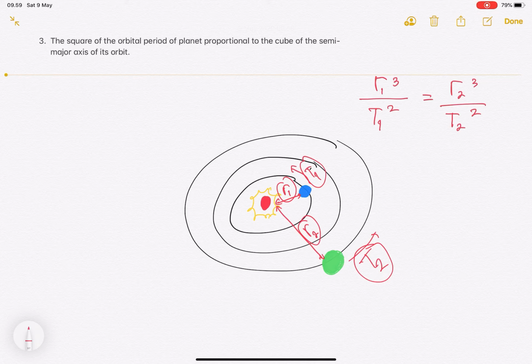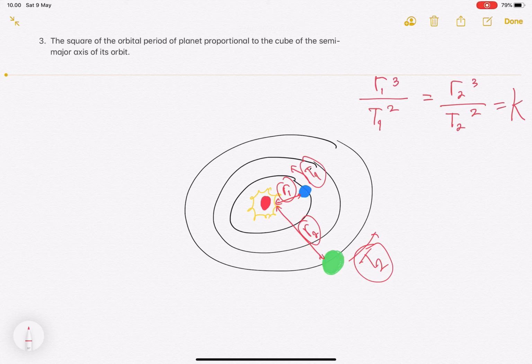So there is a constant relationship between the cube of the radius and the square of the period. If we look at another planet in this particular orbit of the sun, work out its period and its radius, then the relationship between R cubed over T squared is a constant value. It is the same for every planet revolving around a common body, which is the sun in this case.